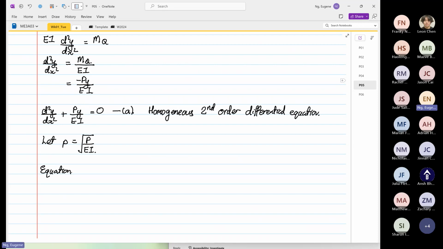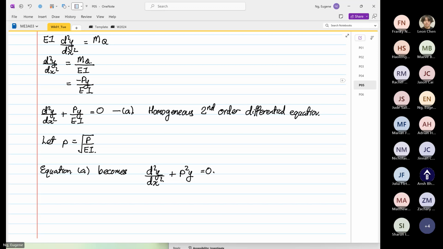Therefore, equation A becomes d squared y over dx squared plus small p squared multiplied by y, the whole thing equal to 0.